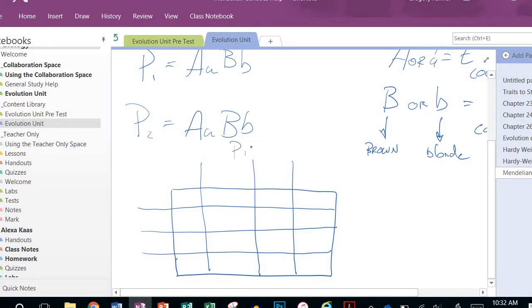So P1 will get foiled up here, P2 will get foiled here. So what you have to do is you actually have to take this letter, the first allele, and pair it with the B's, okay? The B allele. So we're going to go A, pair it with the first letter over in this combination will be B. This A will get paired with the second allele, so A, b.